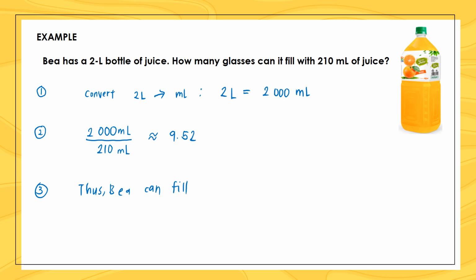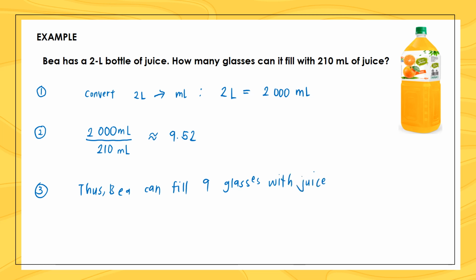Because you need to fill up a glass with 210 milliliters. So you can only fill 9 glasses. And the remaining decimal, 0.52, is left over. 9 glasses with juice. And here's your final answer.